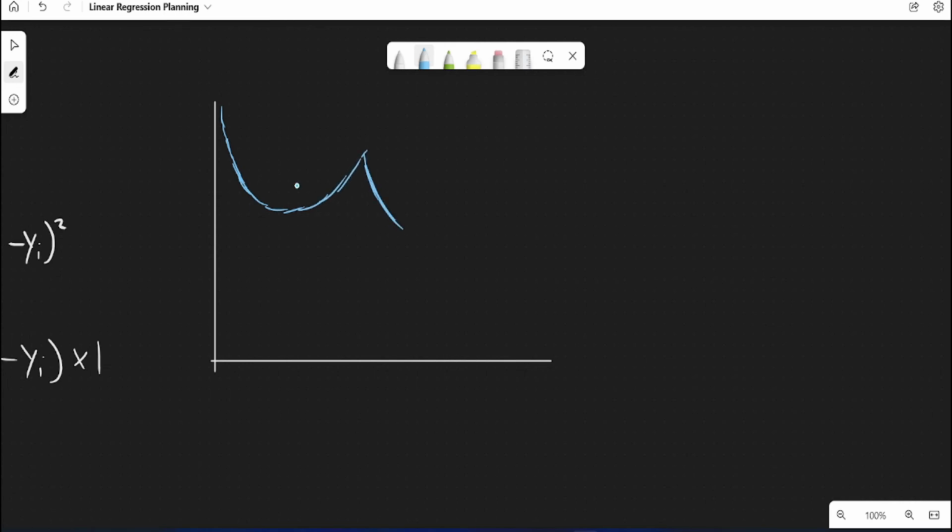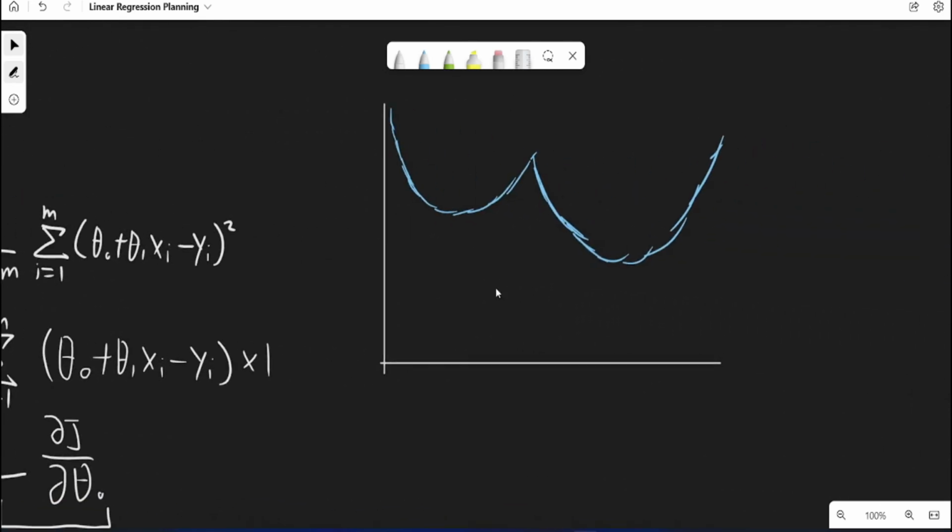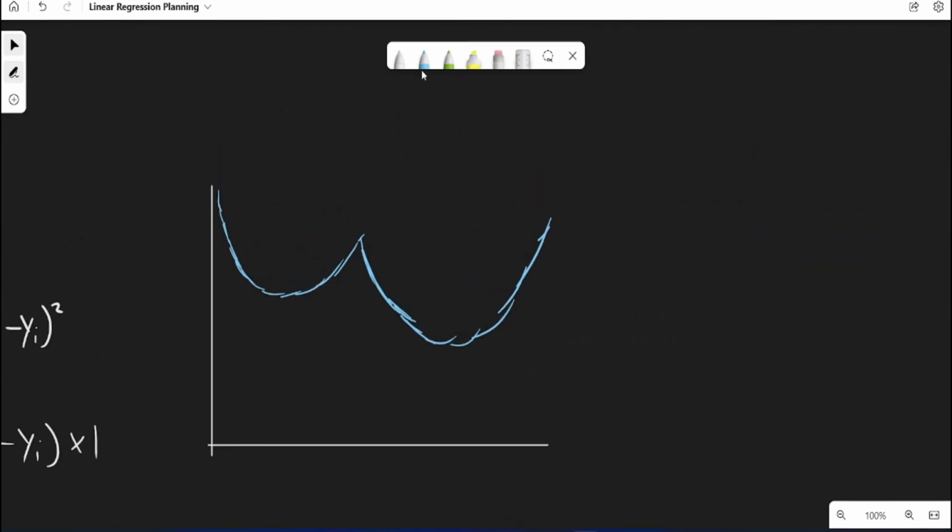Our graph doesn't have to necessarily look like this; it almost never looks exactly like that. We might have something like this, so then we have two minimas. This is called the local minima, the local lowest point you can think of, and this is called the global minima, which is the lowest point. And then MSE is on the side.